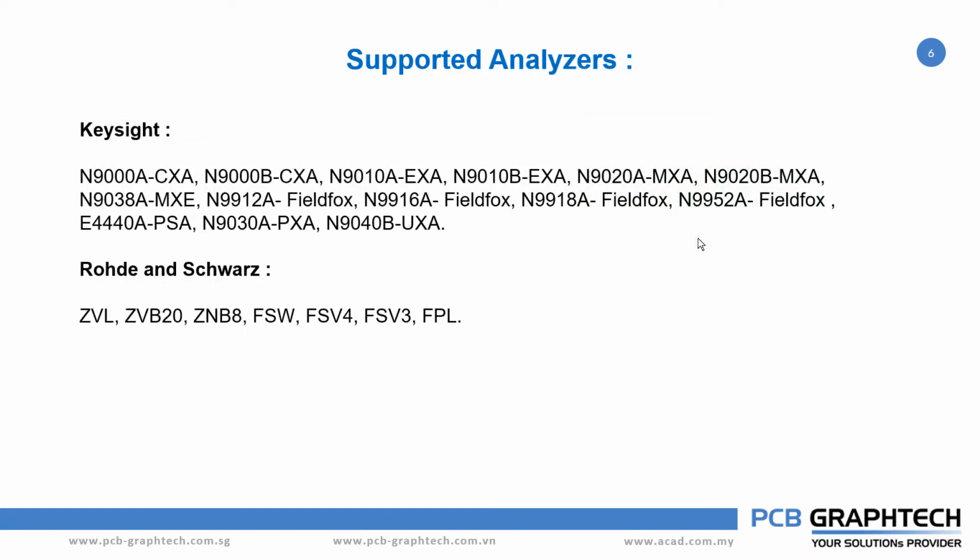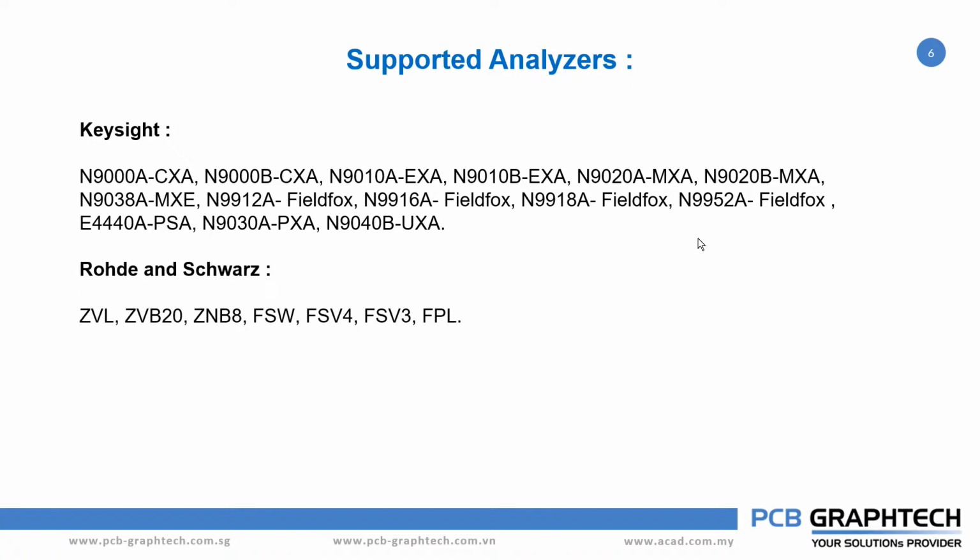Coming to the types of spectrum analyzers supported by the EM Scanner, you can choose Keysight spectrum analyzers like N9000A or B CXA, N9010A or B EXA, N9020A or B MXA, and similar.